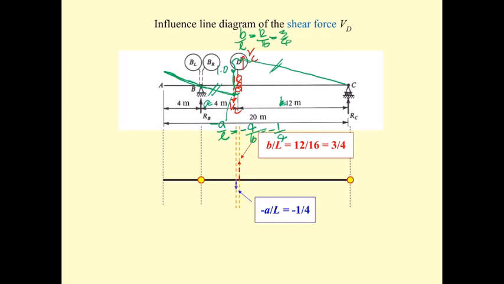On the right is the red, which moves up with b over L. This one is with minus a over L. And then you get the shape of this by summation, where the distance here is going to be 1. And these two are going to be in parallel. And this one is again 1 over 4. And this is positive, because it moved up.